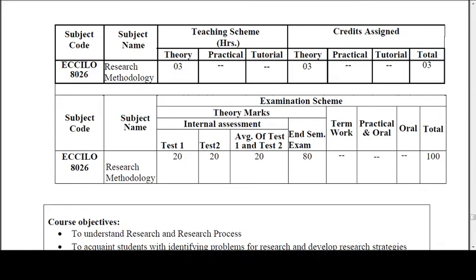In this lecture, we introduce the subject, the module-wise marking scheme, the marks allocated, and the examination scheme. So let us begin with this subject. Also we'll introduce the objective of this course, and after successful completion of this course, the course outcomes.